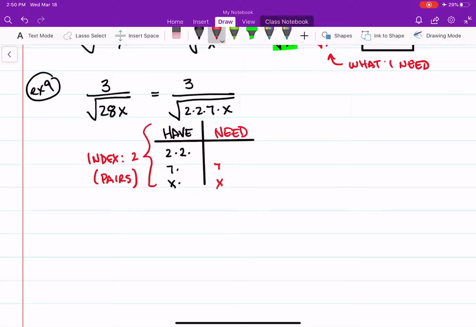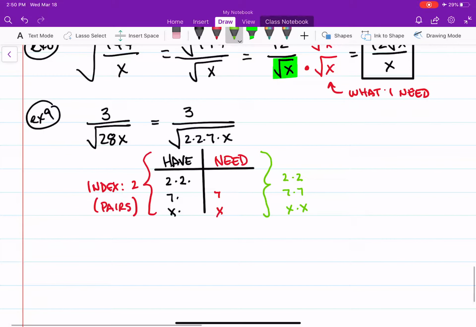So if you look at this, what I would have left would be 2 times 2, 7 times 7, and x times x. So you notice I have a pair of 2s, a pair of 7s, and a pair of x's if I did this. So now, what I'm going to do is multiply this bottom by the square root of 7x.